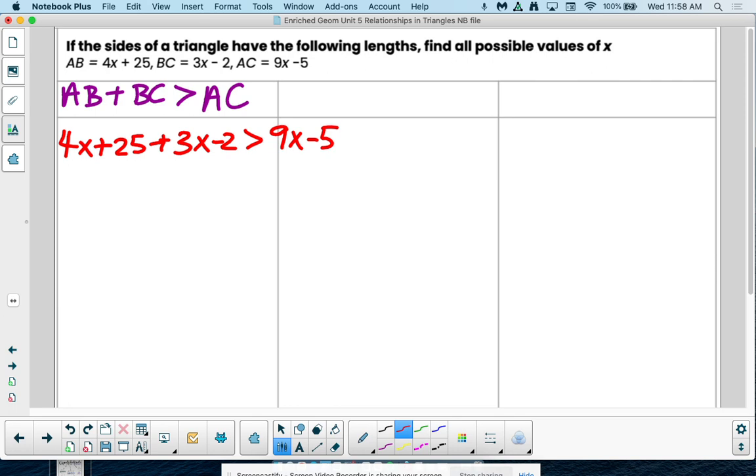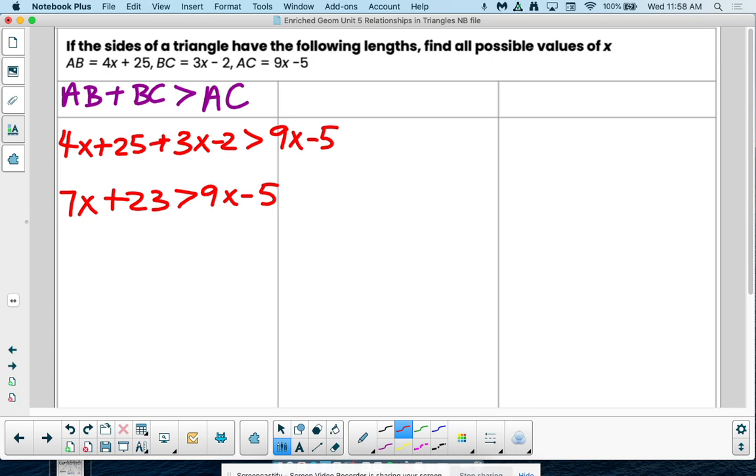And now we're just going to algebra our way through this, okay? How many x's do I have on the left? 7x. 25 minus 2? 23 is greater than 9x minus 5. Now remember, an inequality is just like an equation, but it's an inequality symbol, not an equation.